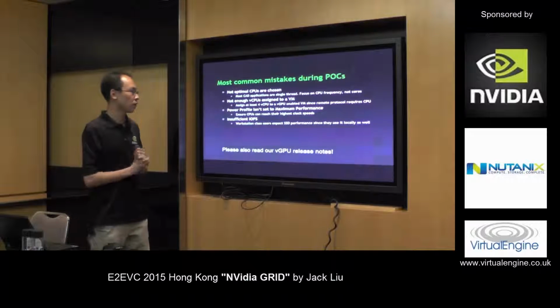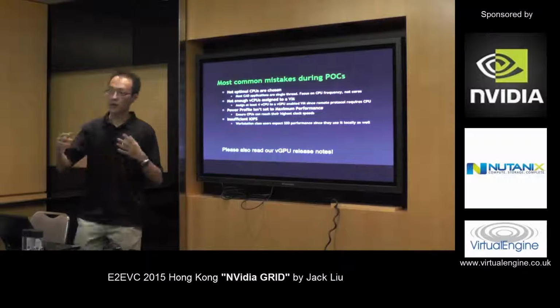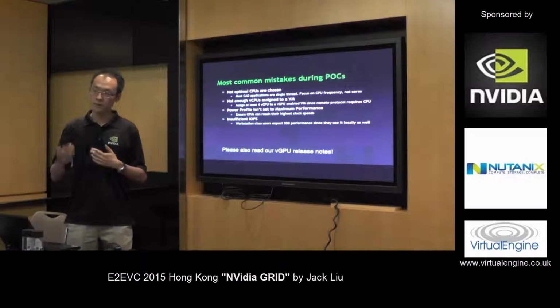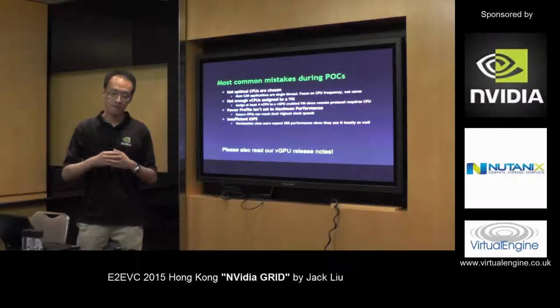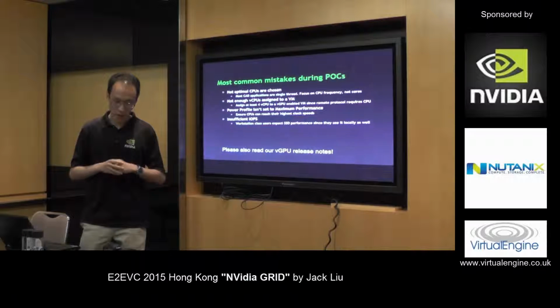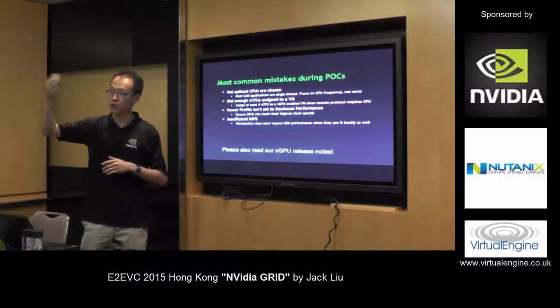There's also one thing I forgot to mention. When we talk about the shared GPU core, actually we have a maximum to control the GPU itself. Once I assign a VM a certain vGPU profile, we manage it so it does not use the whole GPU resource.